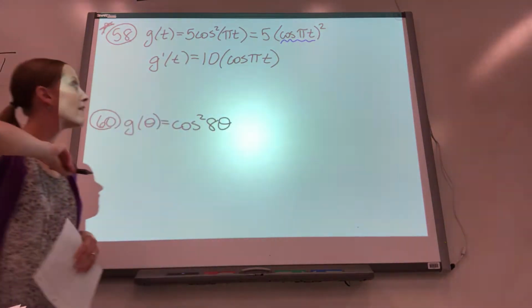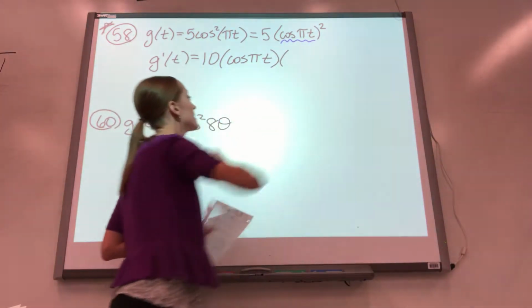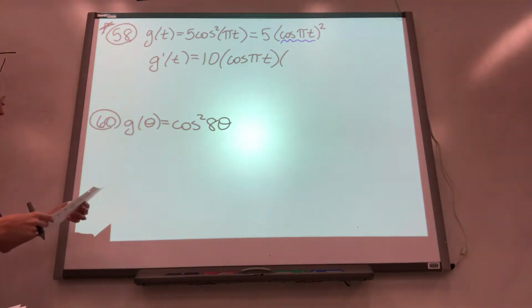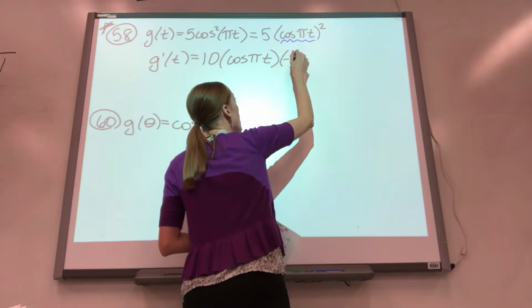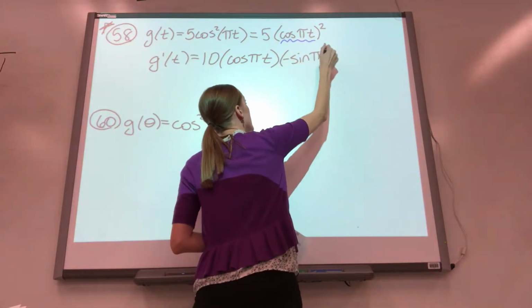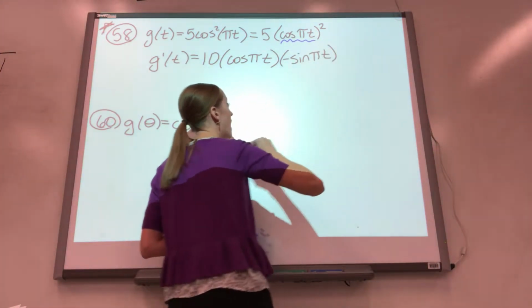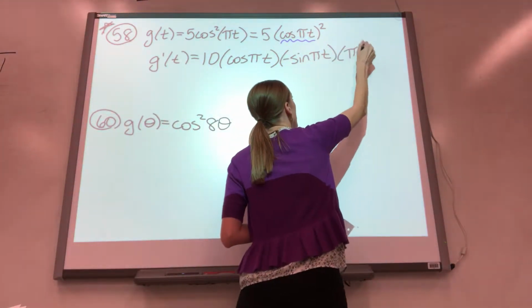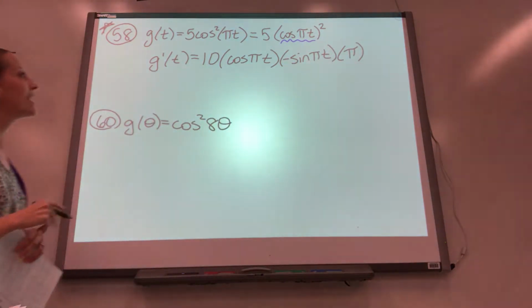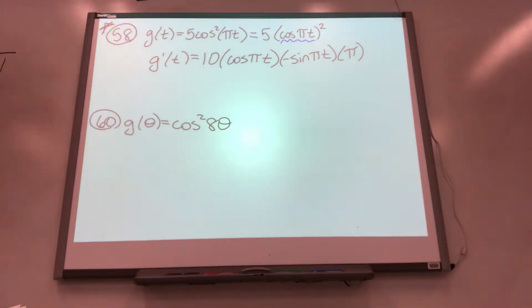but this would be considered the chain rule for trig functions. So let me just start another little set of parentheses here. And derivative of cosine is negative sine. Leave the pi t alone, but then go back and take the derivative of pi t.